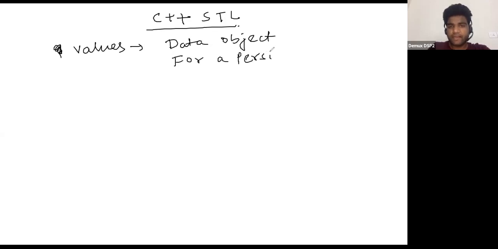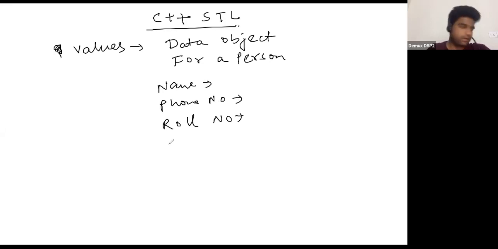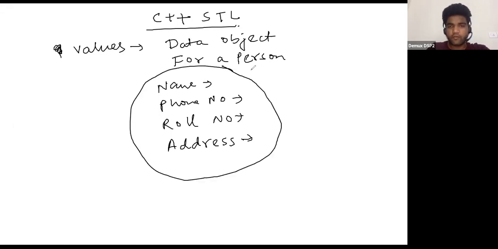That will typically contain the person's name, phone number, roll number if you are still in college, employee ID if you are working, and maybe your house number if you are unemployed. Then name, phone number, roll number. You will have the address of the person where he resides, right? So this is one chunk of data that you want to store.